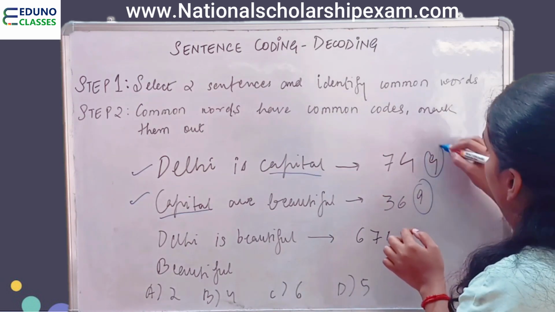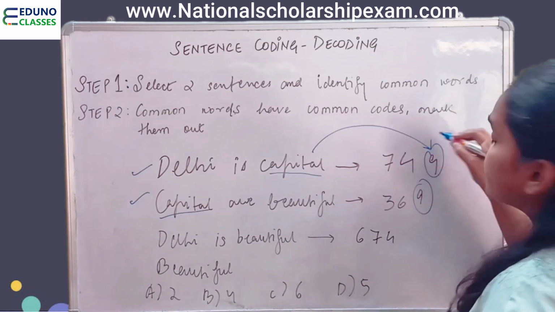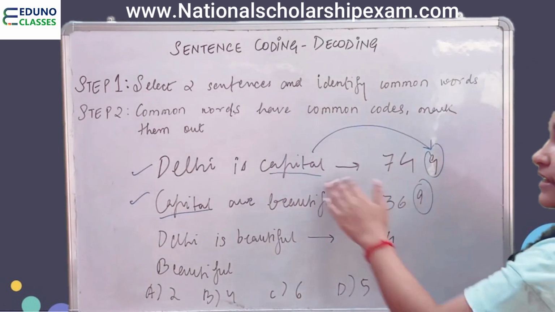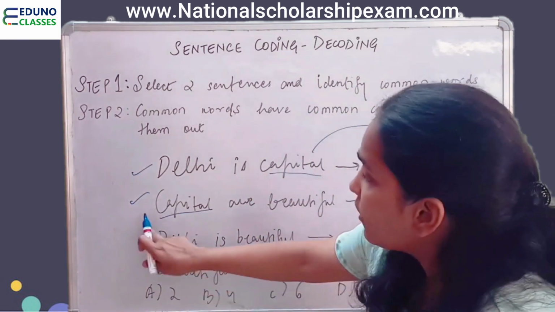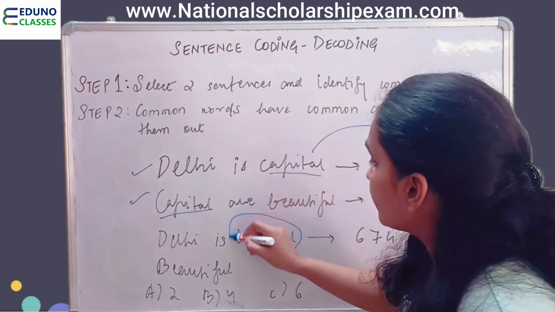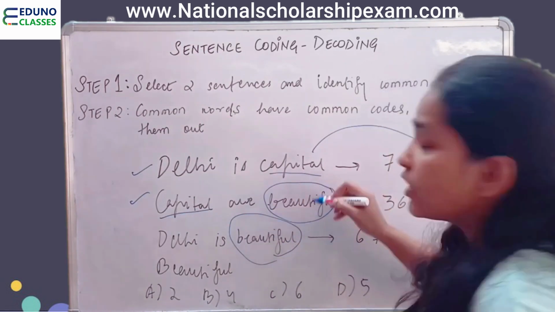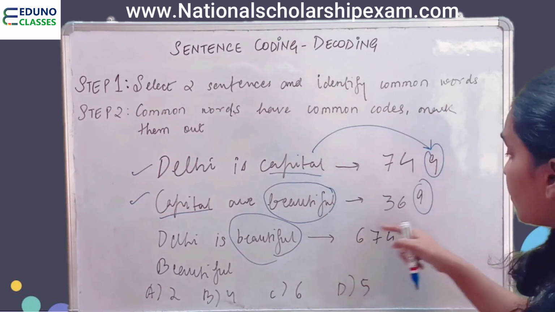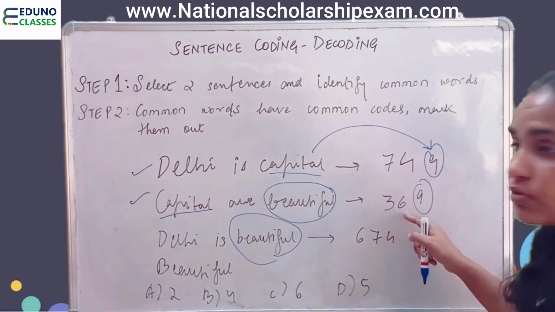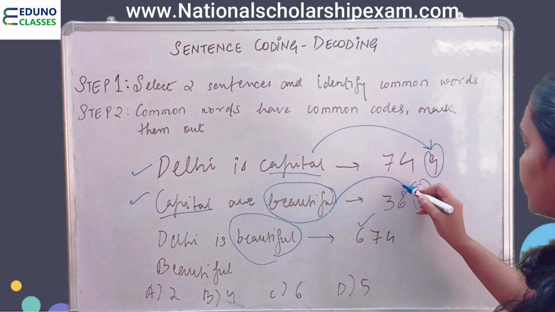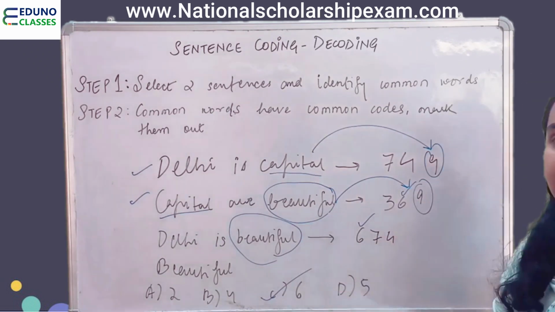I see 9 is common. Now we know capital is coded as 9. Next two sentences: capital are beautiful, Delhi is beautiful. Beautiful appears in both, so its code will be the same. What is the same in both codes? 6. That means beautiful is coded as 6.